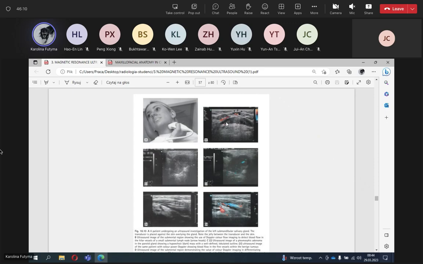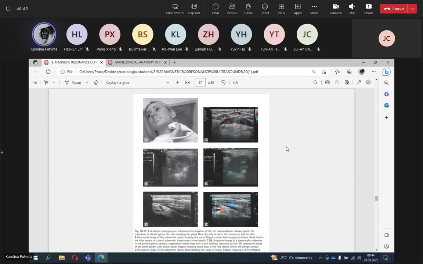And of course, those colorful pictures are made with the use of color Doppler. In color Doppler, we can see the blood flow going through the different veins or arteries. The most important thing for you to remember is that the red color is not always the artery, and of course the blue color is not always the vein.